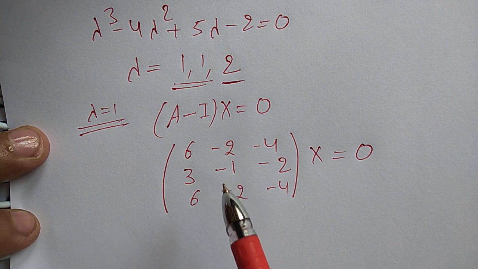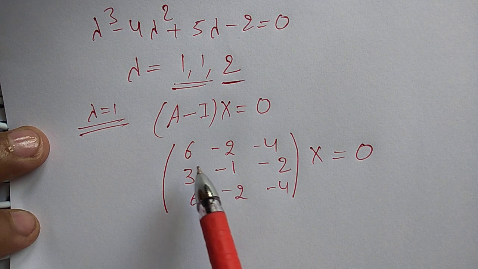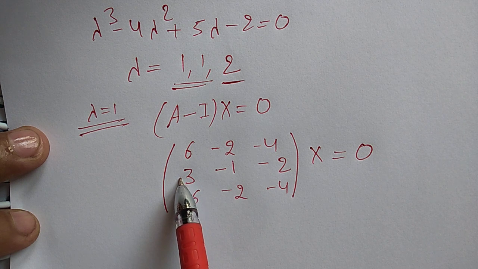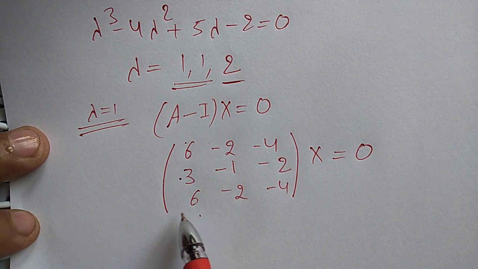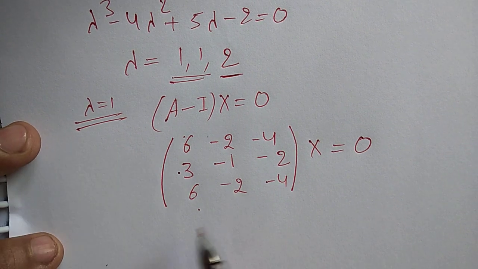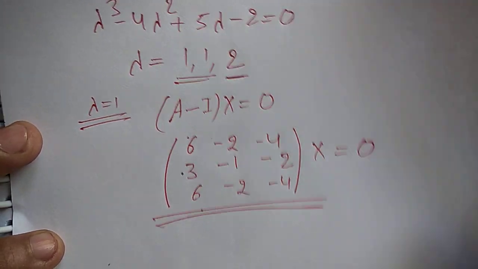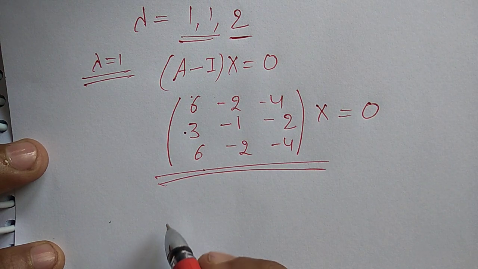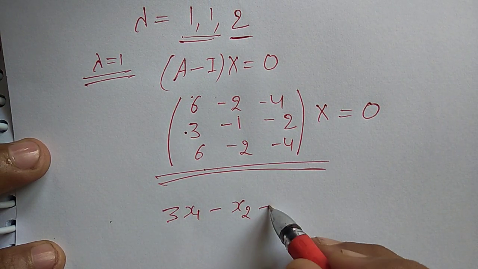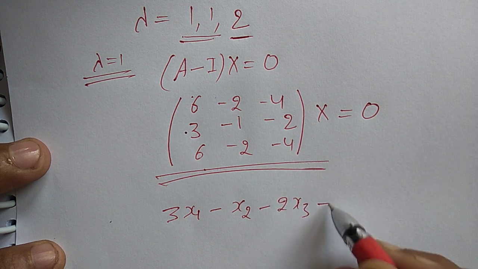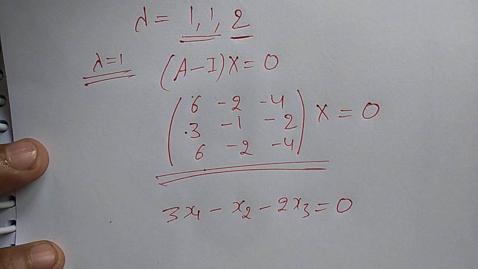If you do the row operation, R2 replaced by 2R2 minus R1, this will be 0. If R3 replaced by R3 minus R1, this will be 0. So finally, out of these three equations, we get only a single equation: 3x1 minus x2 minus 2x3 equal to 0. All three lines are equivalent, so I have taken only one line.